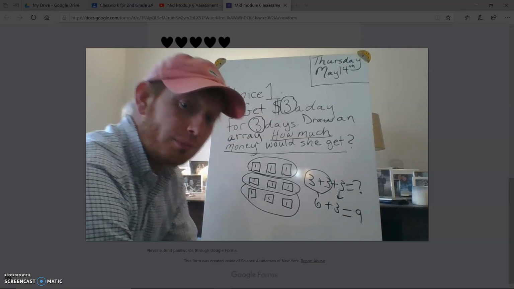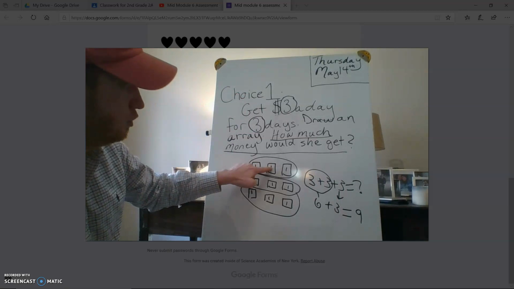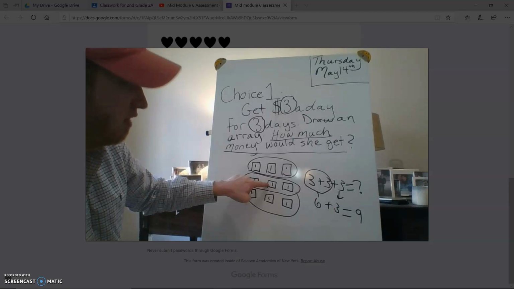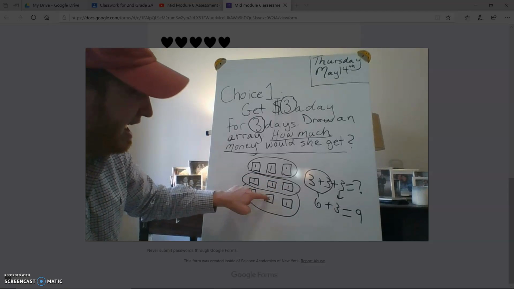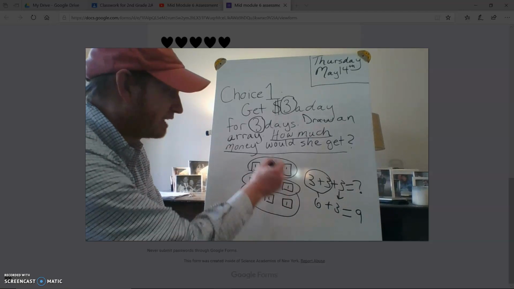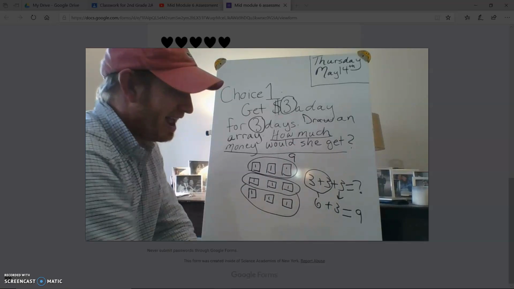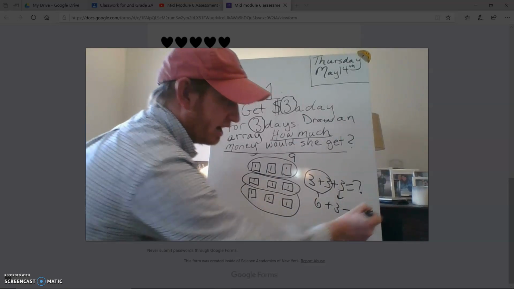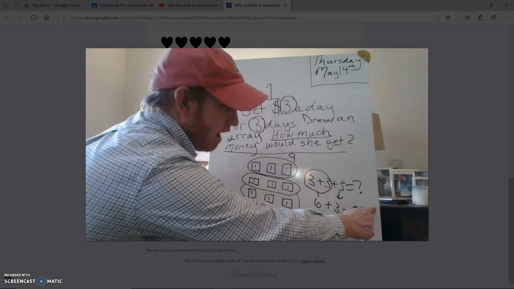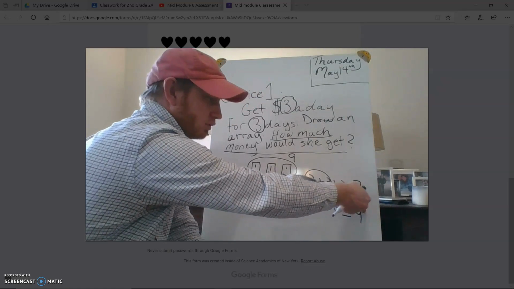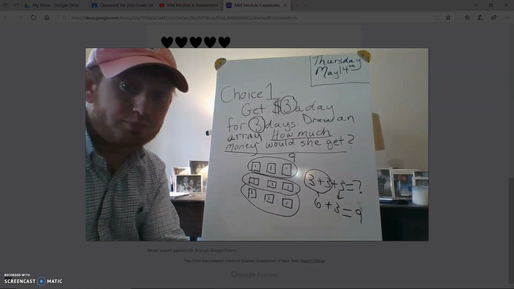Well, we can count. We have 1, 2, 3, 4, 5, 6, 7, 8, 9. So I counted 9, and my equation said 9, so I know that that's probably the right answer.